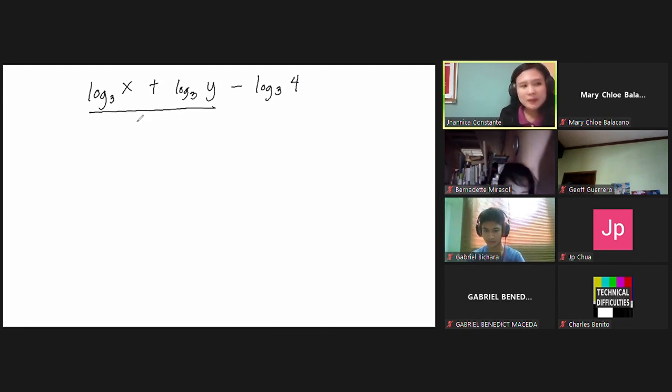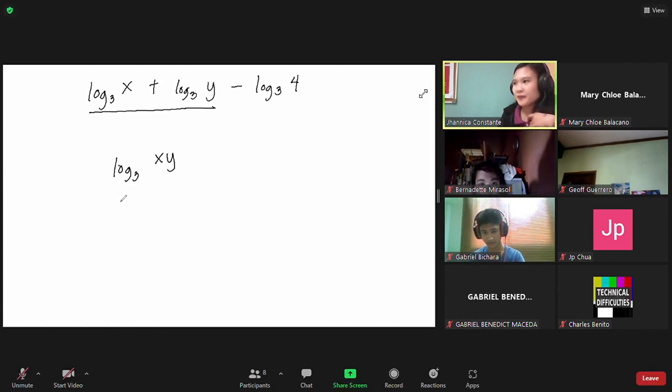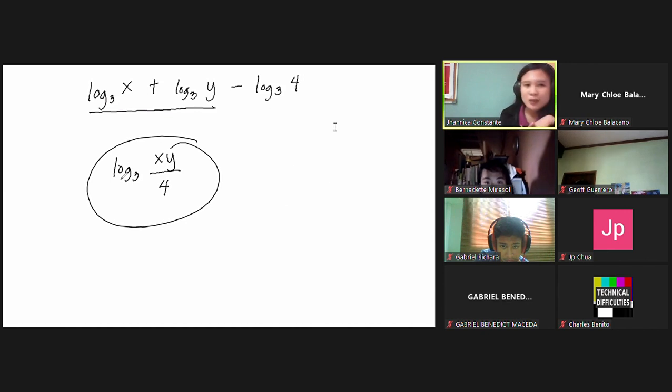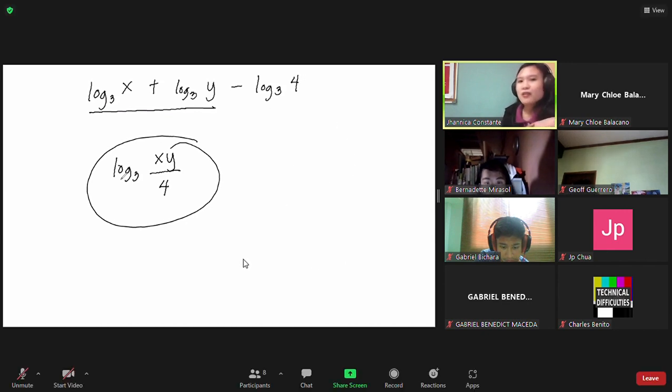The rule applied to log 3x plus log 3y is the product rule. So we're going to have log of 3x times 3y. And then we have minus log 4, so divided by 4. That is the condensed form of the expanded log 3x plus log 3y minus log 4.